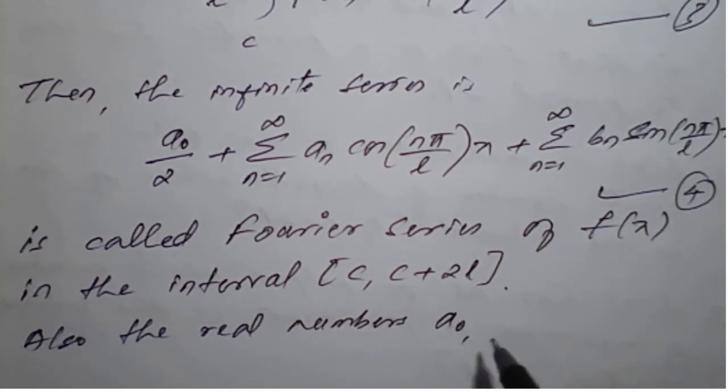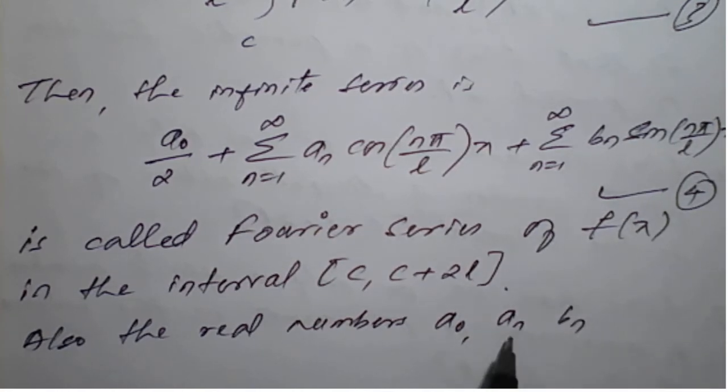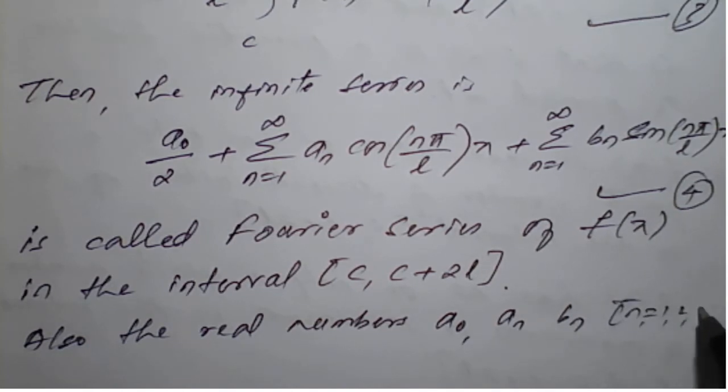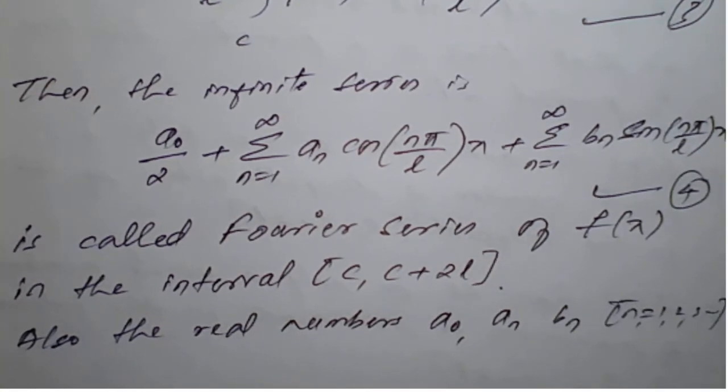Here this n will take the values 1, 2, 3 and so on. So a 1, a 2, a 3, a 4 and so on, b 1, b 2, b 3 and so on.